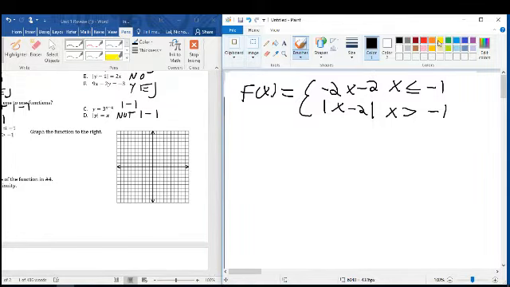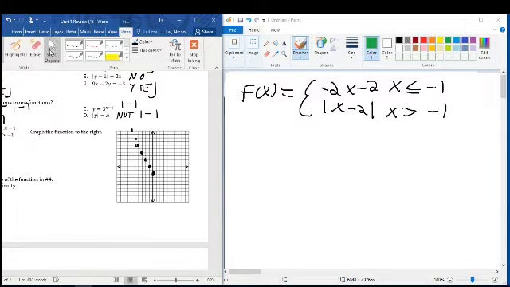Then we have the original function, negative 2x minus 2. Originally we have the y-intercept at negative 2, and then the slope is negative 2, so up 2 over 1.